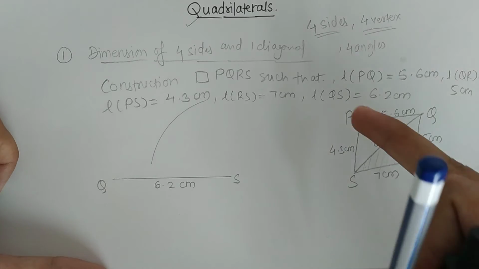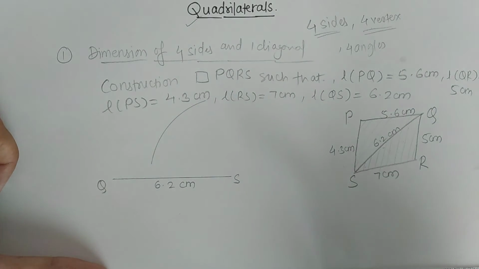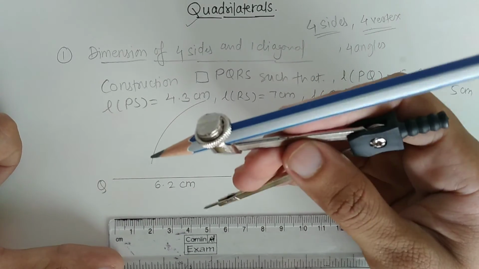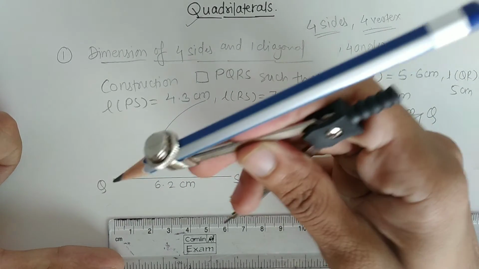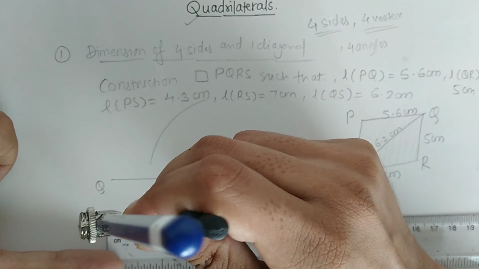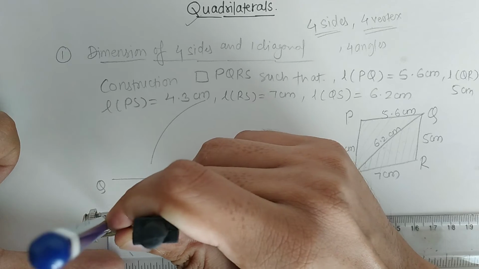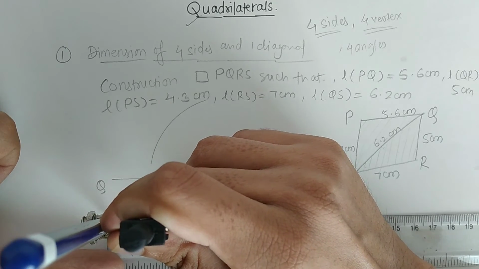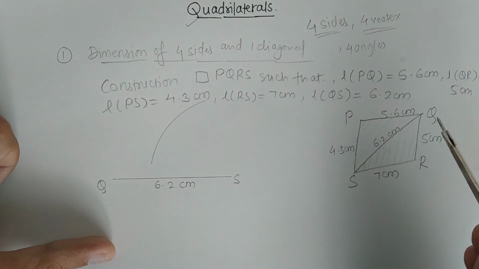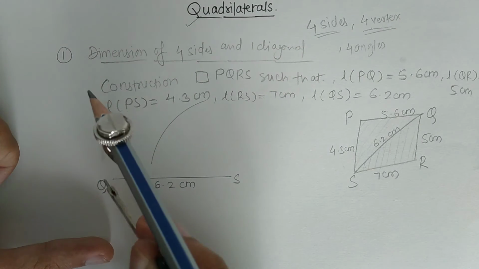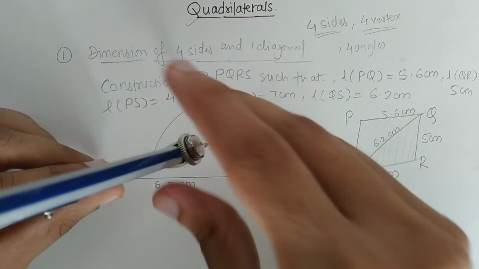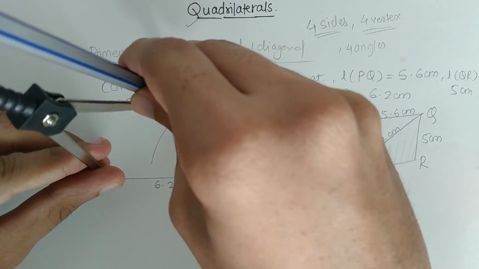Then the length of PQ is 5.6 centimeter. So I will take the dimension 5.6 centimeter in my compass. So this is 5.6 centimeter and PQ is there, so I will take the pointer on point Q and then I will draw an arc.